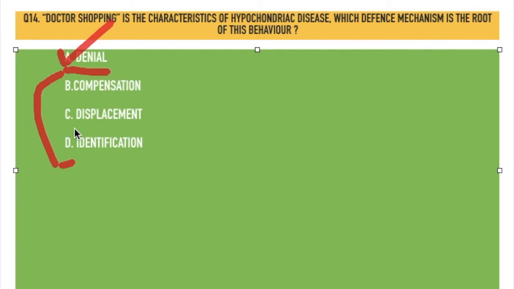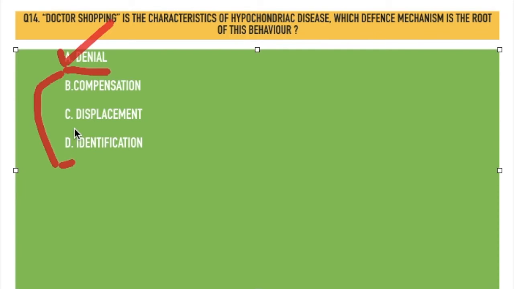And next one is displacement. Displacement is redirecting the negative feelings to less threatening subjects. A person has some negative feelings and he is redirecting that negative feelings to some less threatening subjects.